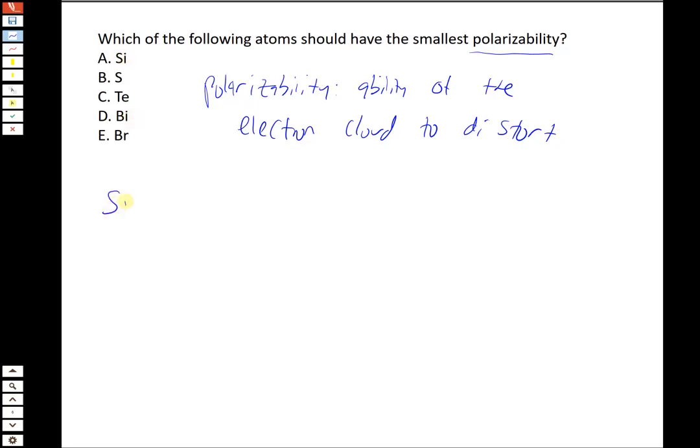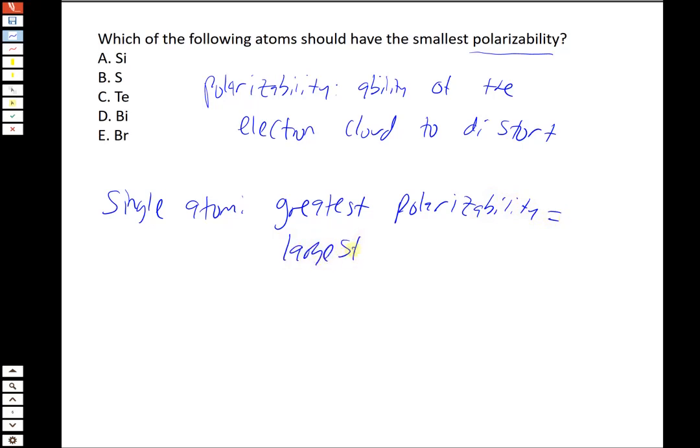And so for a single atom, the greatest or the largest polarizability means it has the largest atomic radius.